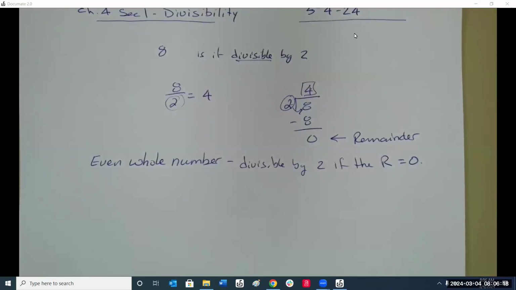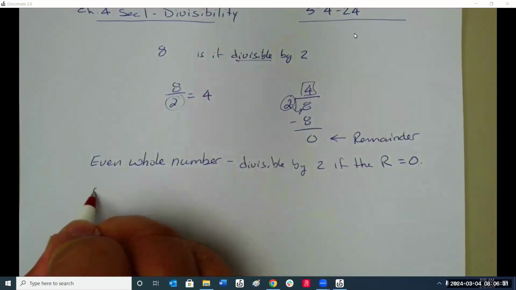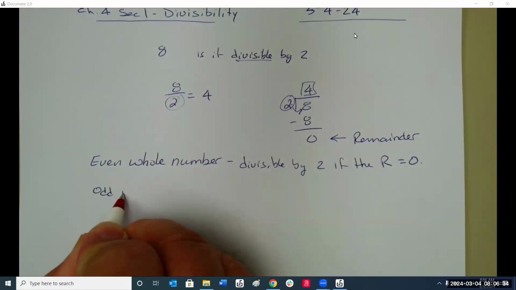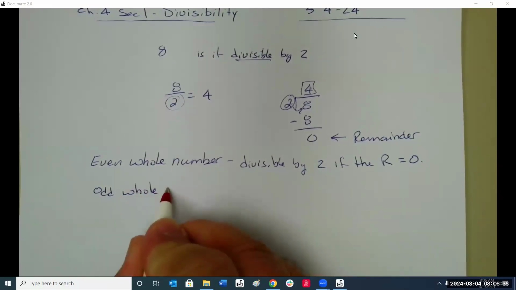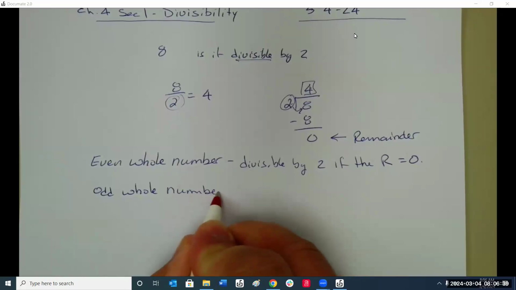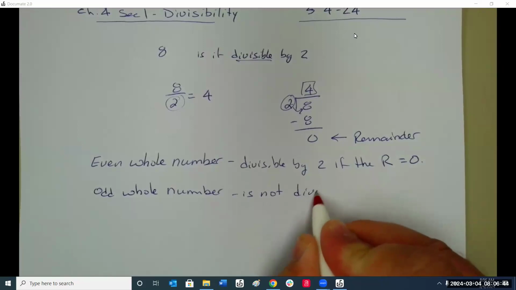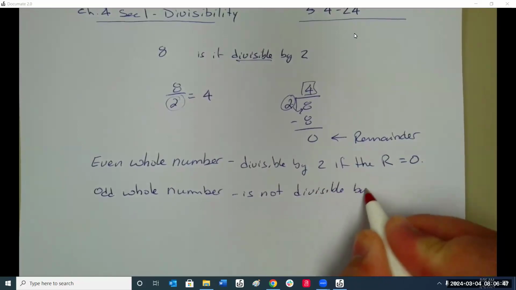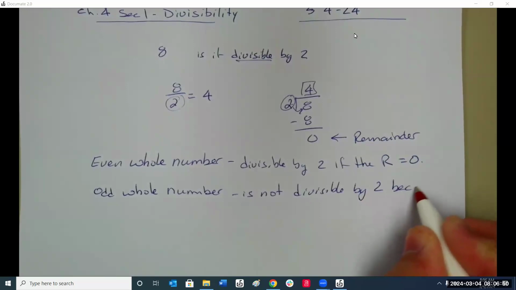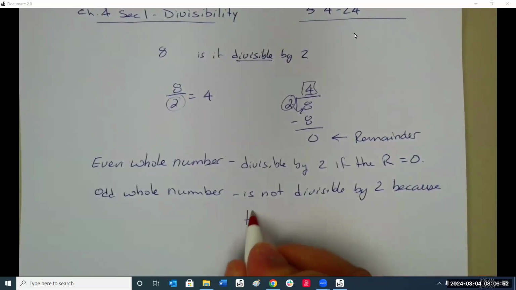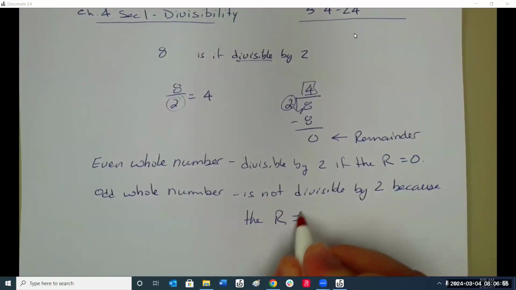If the remainder is not 0, what does that tell you the number is, if you divide it by 2? Yeah. If the remainder is not 0, then it's not divisible. In other words, it means it's an odd number. An odd number is not divisible by 2 because the remainder is not equal to 0.